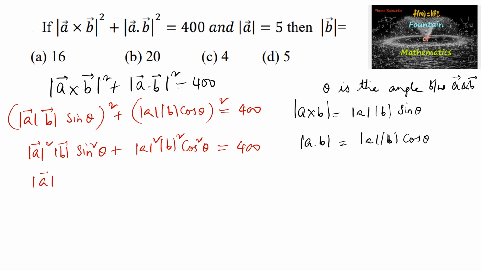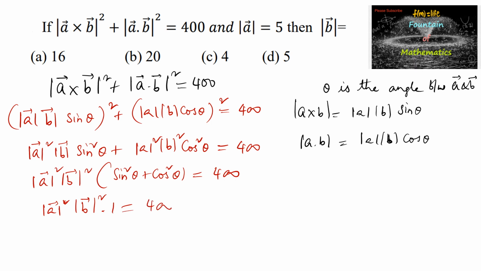Or you can take mod a square mod b square common, so remaining sine square theta plus cos square theta. And we know sine square theta plus cos square theta is 1. So mod a square into mod b square into 1 is equal to 400.